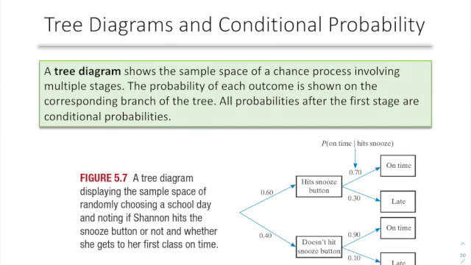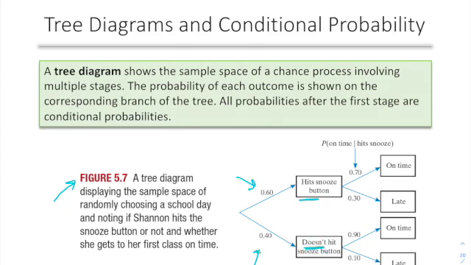In your textbook, there is a little scenario typed out that talks about a student, if she hits the snooze button or not, and whether she actually makes it to class on time. So here our tree diagram says that there's a 60% chance that she hits the snooze button. So that means there's a 40% chance that she doesn't.